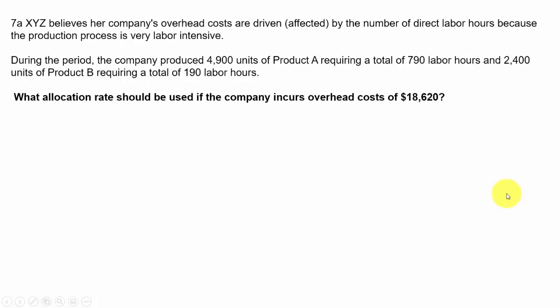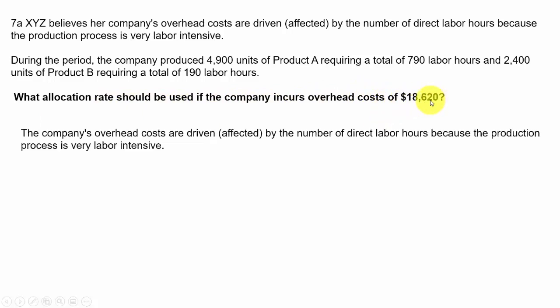Next question. They want to know what allocation rate should be used if the company incurs overhead costs of $18,620. All right. Whenever you figure out overhead allocation rates, you want to keep the following things in mind. The company's overhead costs are driven or affected by the number of direct labor hours, because the production process is very labor intensive.